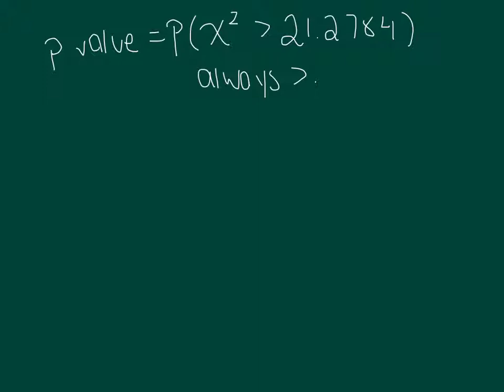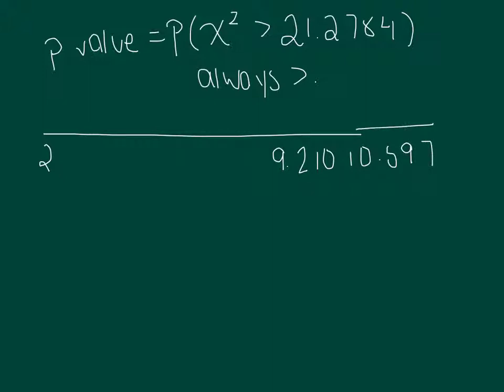So if you go to the table, you get a 2, and you go across, and you see a whole bunch of numbers. The last two numbers are 9.210 and then 10.597. So above here, we get 0.01, and this is 0.005. So hopefully it's clear that our test statistic is actually out here somewhere.